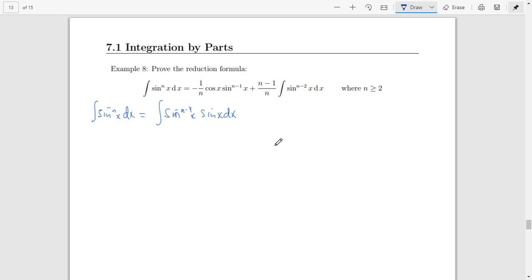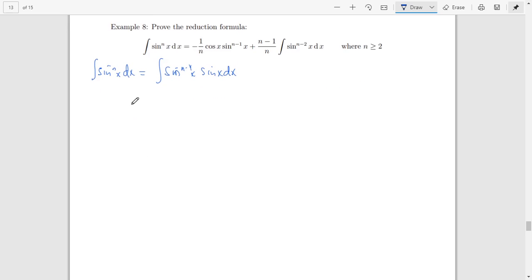So I'll let u be equal to sine to the power of n minus 1 x, and then dv equal to sine x dx. Now notice that it's going to be very difficult for you to integrate sine to the power of n minus 1, but you can easily integrate sine x.